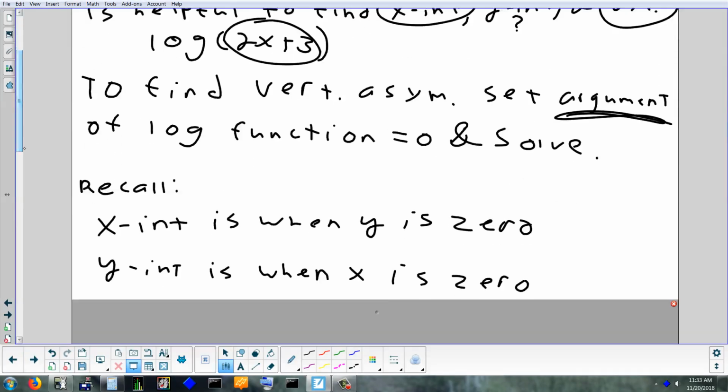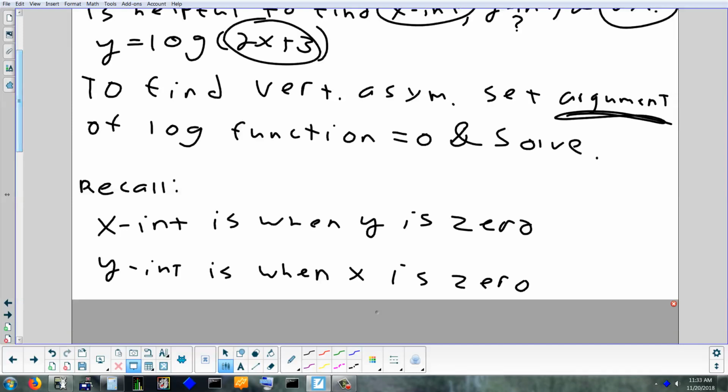If you want to try to find the intercepts, remember the x-intercept is when y is 0. The y-intercept is when x is 0. So you just plug in 0. Which letter you plug in 0 for will control whether or not you're finding the x-intercept or the y-intercept. You can also use a table.